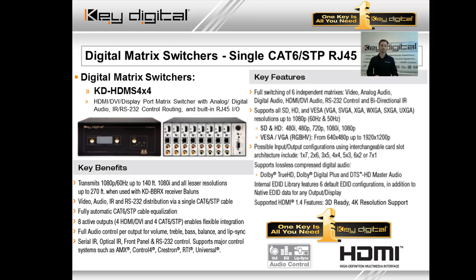Now, these distances are specified with third-party Cat6 shielded cabling. It must be shielded Cat6 cabling when you integrate the HDMS4x4 with the KD-BBTX or BBRX baluns. If you don't have shielded Cat6 cabling and it's not an option for you, there are of course other options that will still allow you to utilize this matrix, and we'll discuss those throughout this curriculum here.